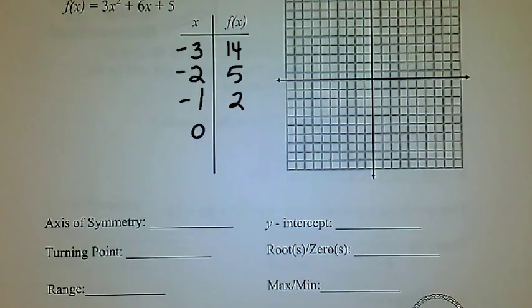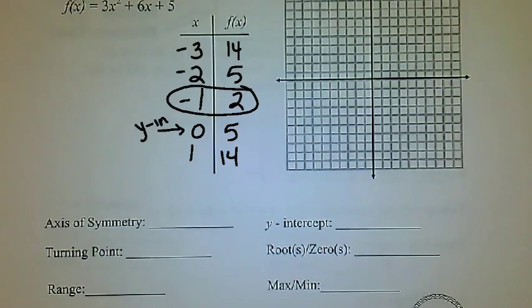2, 0, 5, 1, 14. I'm going to circle my vertex, and this is the y-intercept. Before I actually graph this, I'm going to find the axis of symmetry using that formula I just gave you. So x is equal to negative b over 2a. a is equal to 3 and b is equal to 6.